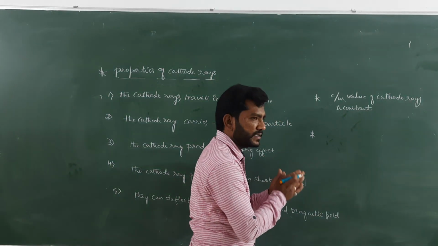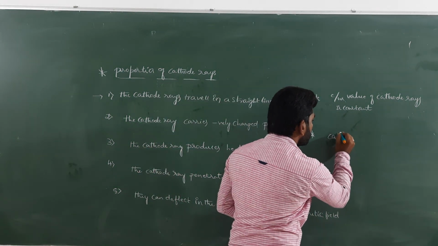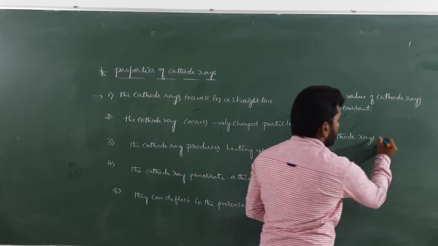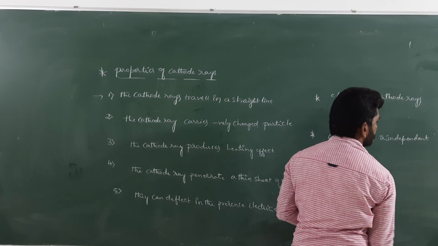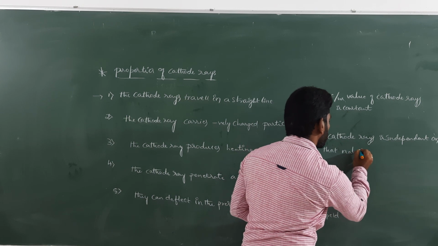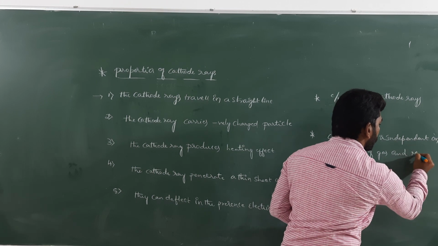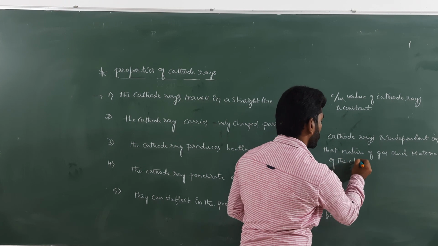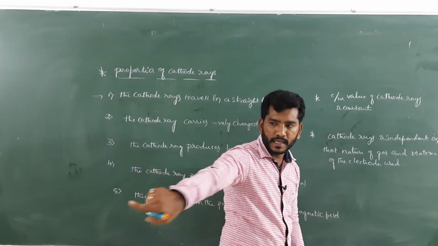So one of the most interesting properties regarding cathode rays is that cathode rays are independent of the nature of the gas and the material of the electrode used.